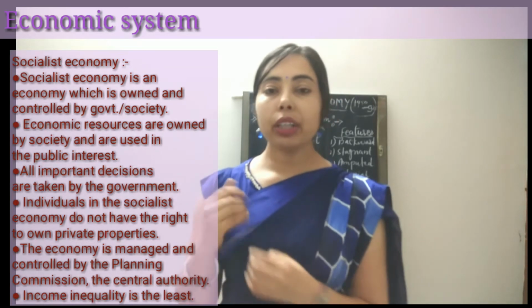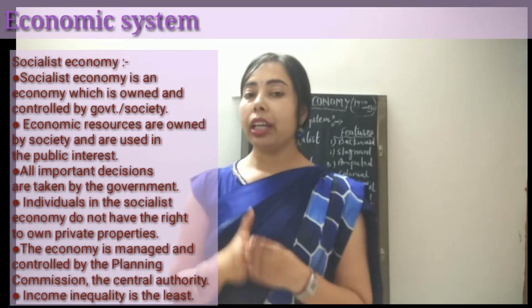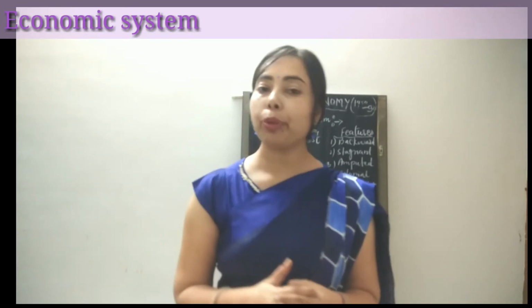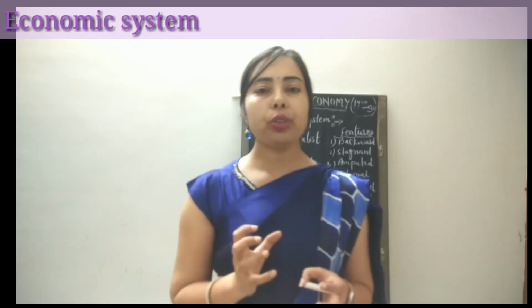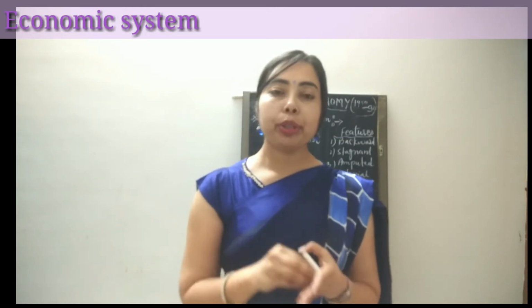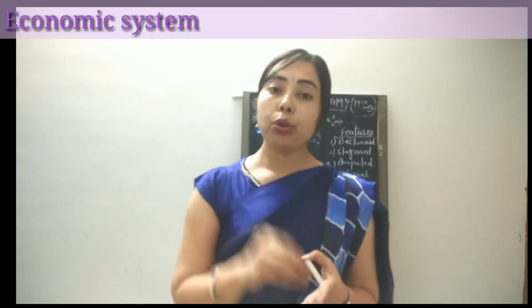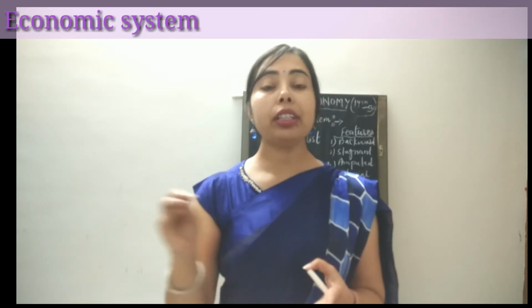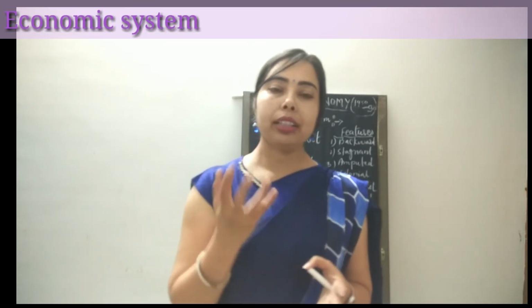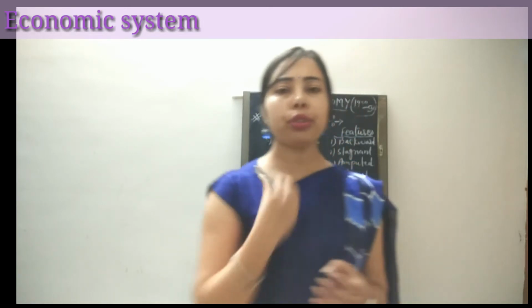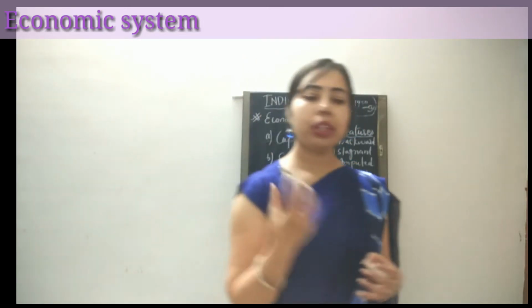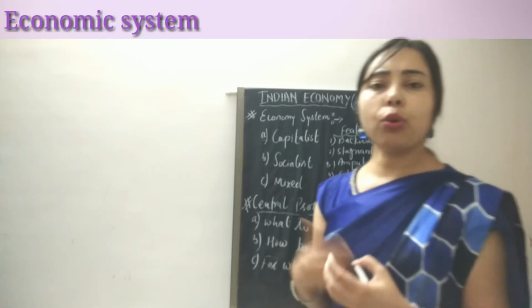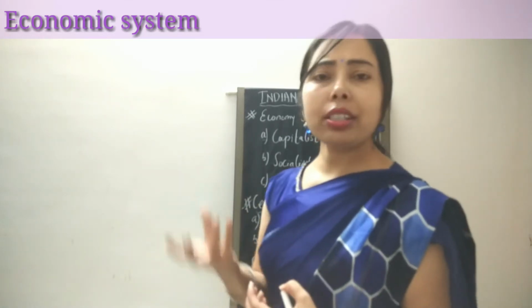Now again we are going to find out how this economic system will solve the problems. What to produce? Here the producer will decide on those products, they will select those goods which are the need of the people. Suppose in that country there is a need for food crops, or only basic things like household items, groceries.